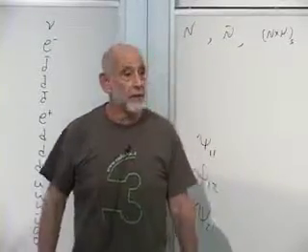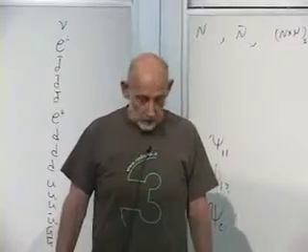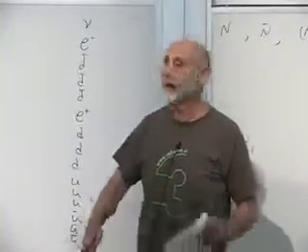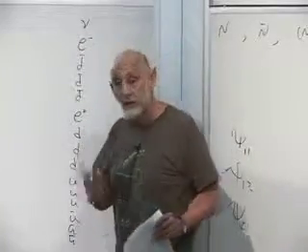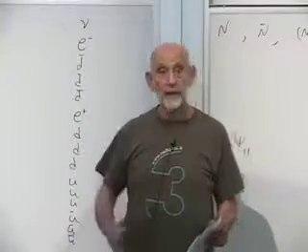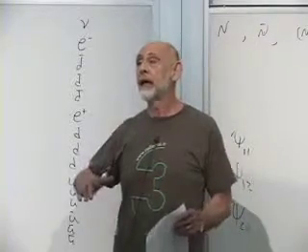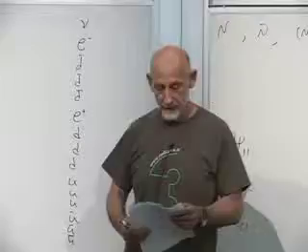There's a left-handed neutrino and a right-handed antineutrino, which is the antiparticle of the left-handed one. There is no right-handed neutrino.